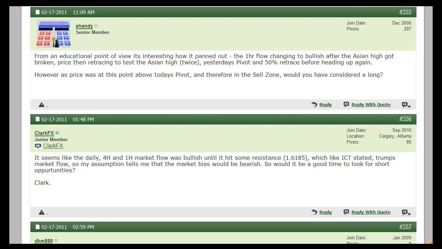So while market flow may be in agreement, if you run into a resistance level or a support level, my trading really is based on that premise.